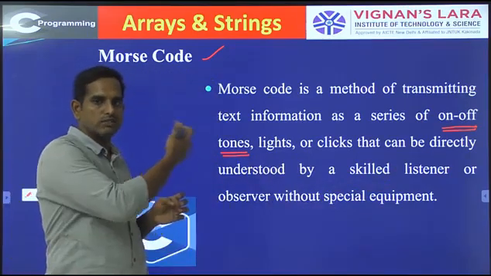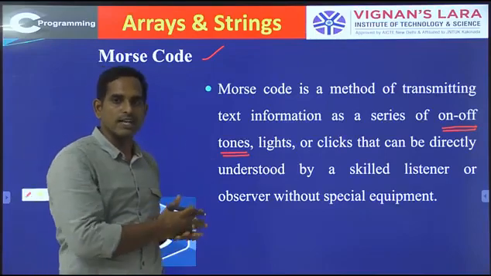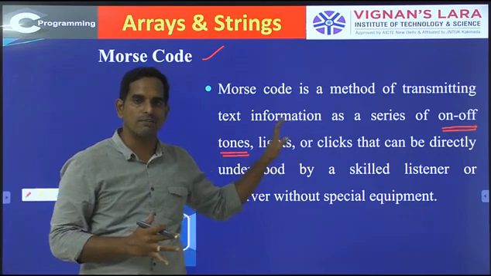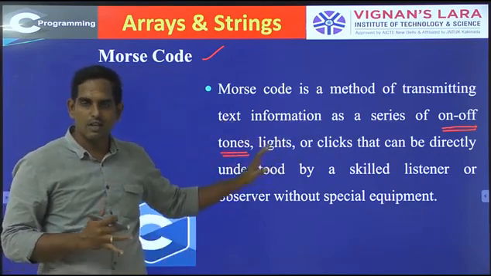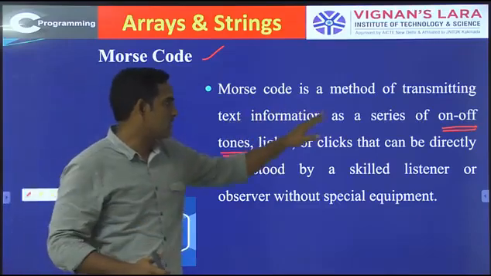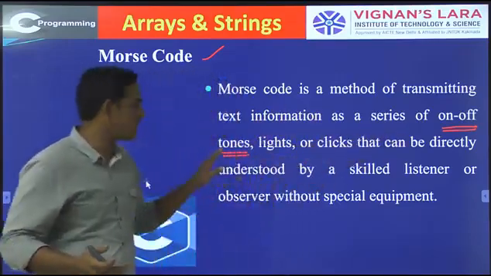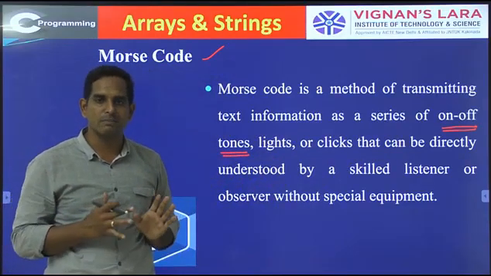This is one of the oldest coding techniques, where you transmit your text in a coded, secret format instead of English alphabets, as a series of on and off symbols.